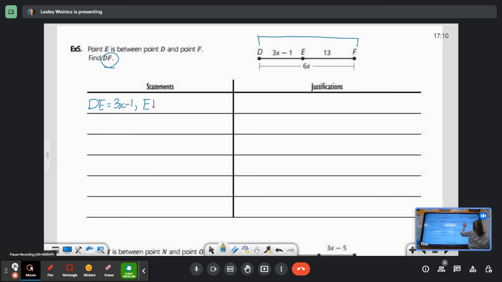Measure of EF is 13. Okay, now I also know from the picture that the measure of DF is 6x. So DF is 6x. And how do I know all that stuff? Because it was given to me by the math gods. So I just write given.